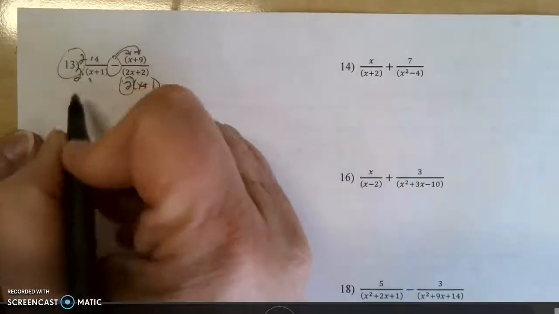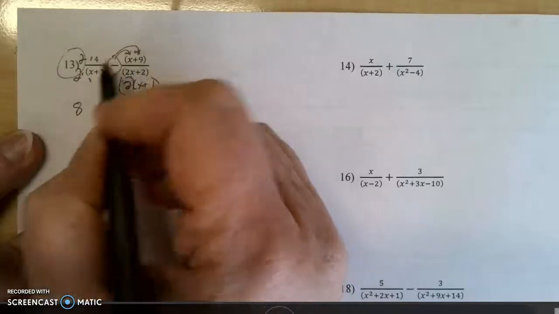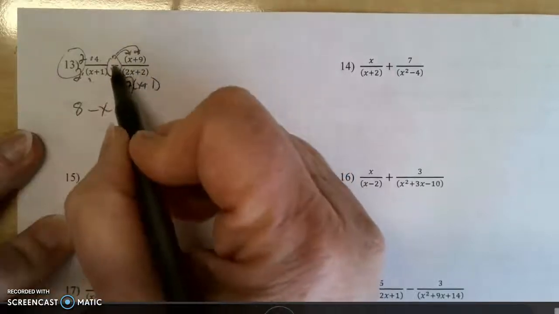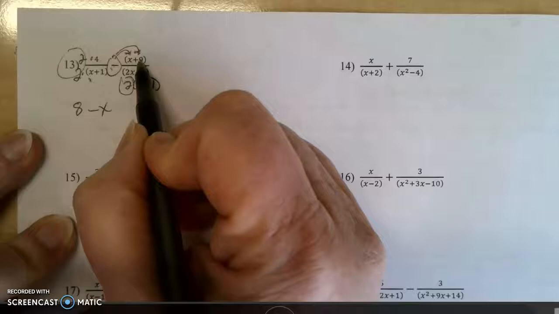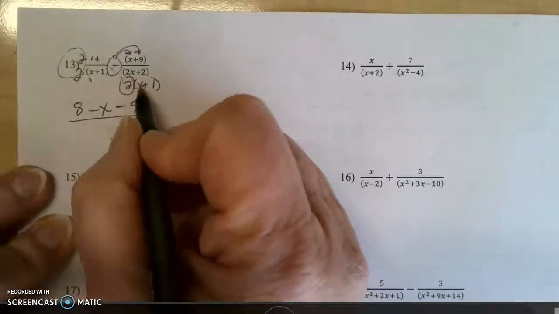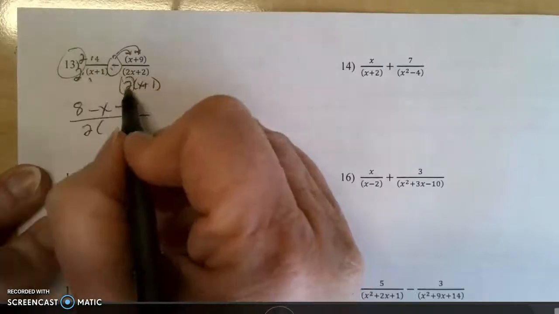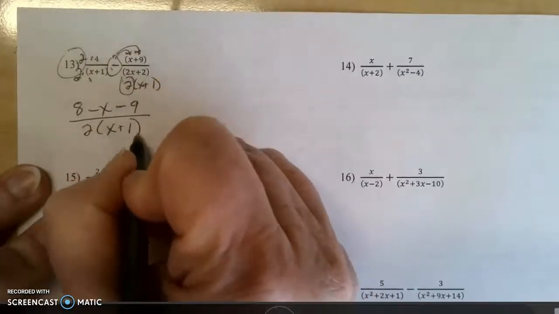So I have 2 times 4 gives me 8. A negative x. And then I'm going to distribute that negative to the 9. And then my denominator is the 2 that's in both and the x plus 1.